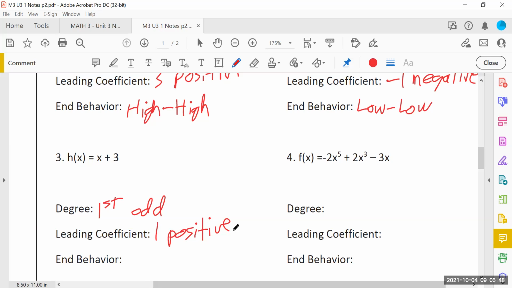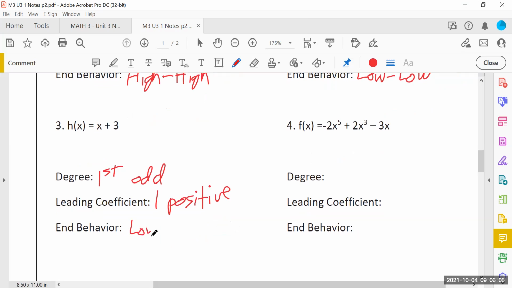Remember that the exponent, we want even or odd. The leading coefficient, we want positive or negative. Don't switch those, okay? So odd, positive. What's our end behavior? Low, high, just like a straight line, a positive straight line. Low, high.